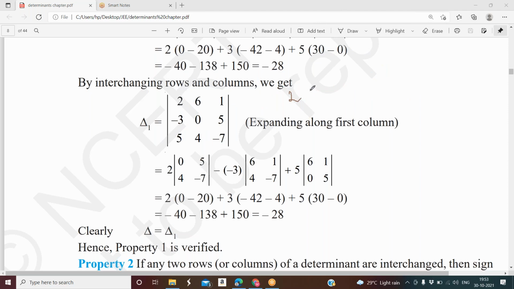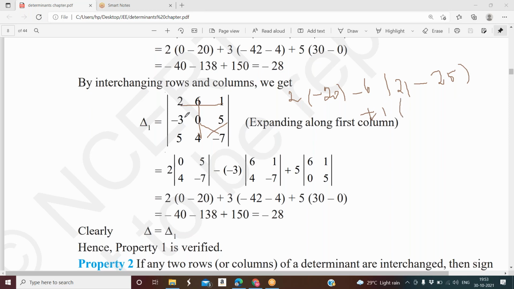So 2 into 0 minus 20. 0 minus 20 is minus 20. Then minus 6 into minus 3 into minus 7, 21. Minus 25.